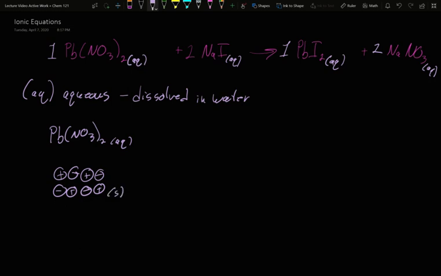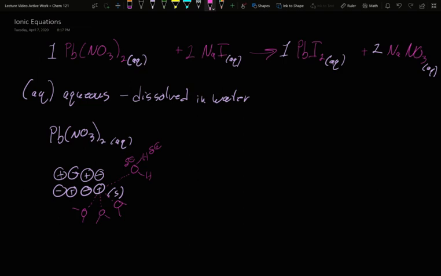If you are aqueous, what has happened is water has come in and it interacts with the ions. Oxygen is partially negative. Hydrogens are partially positive. When these interact, there's a little bit of charge attraction. And while the full charges are more, if you have a lot of waters, they can add up. You can get significant attraction on those ions.